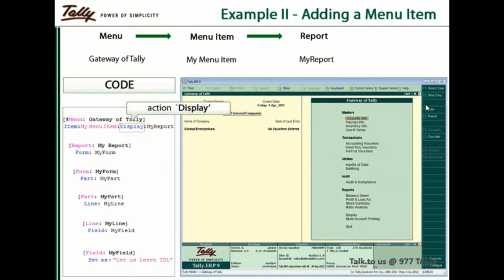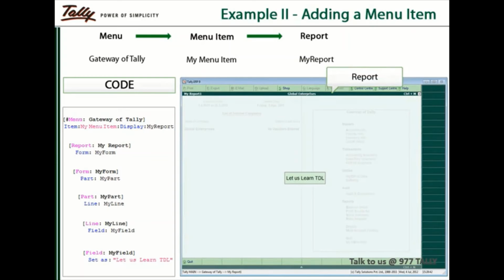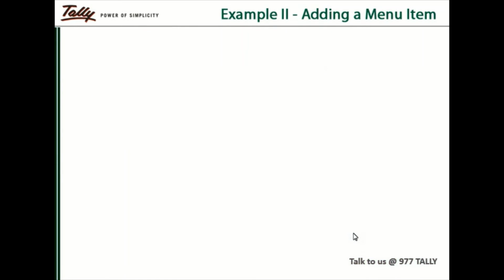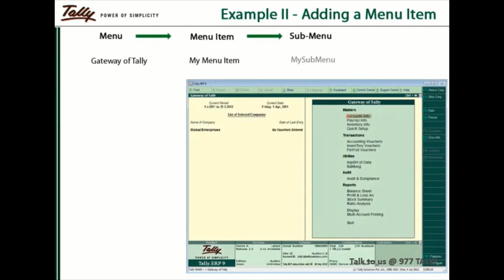The name of the report to be displayed is specified as the parameter for the action display. To add a menu item which displays another menu, the action used is menu.